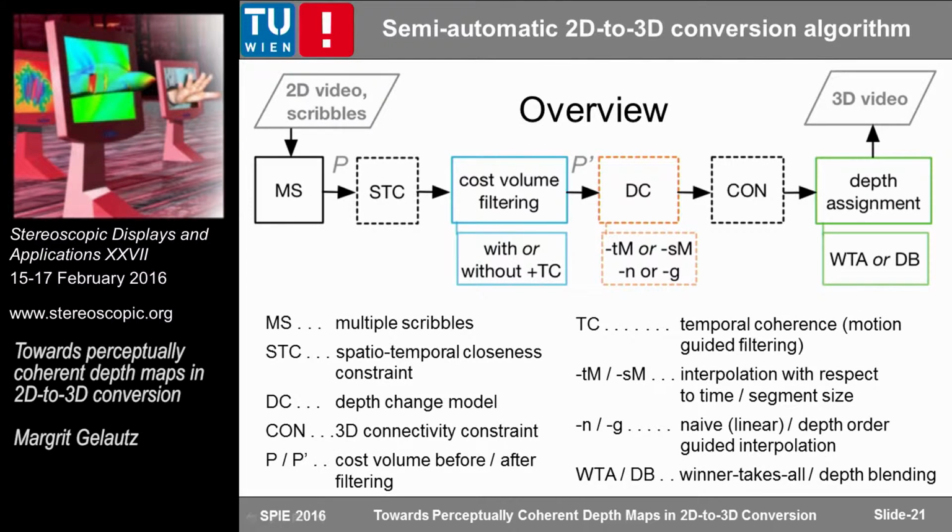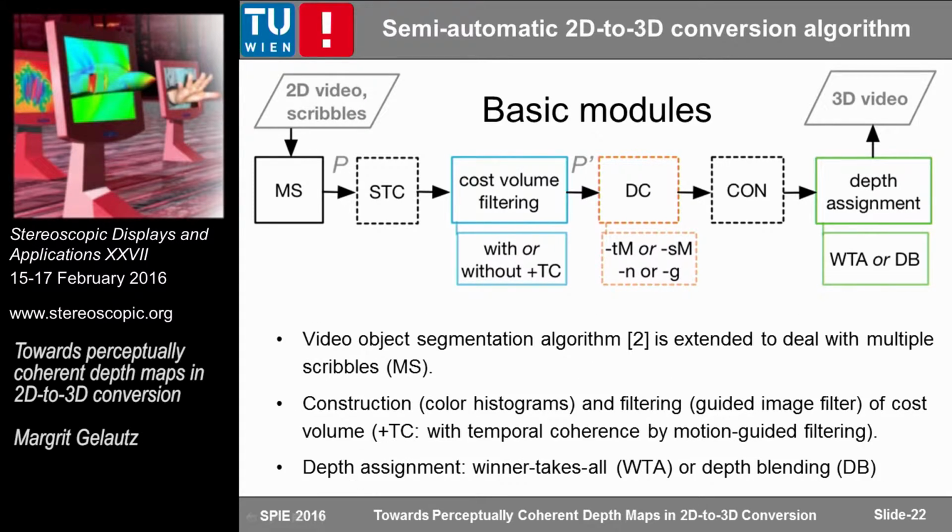So let's now come to the algorithm itself. This is an overview. It contains several blocks. I'll just focus on the most important ones. And probably the most important one is the cost volume filtering block here.